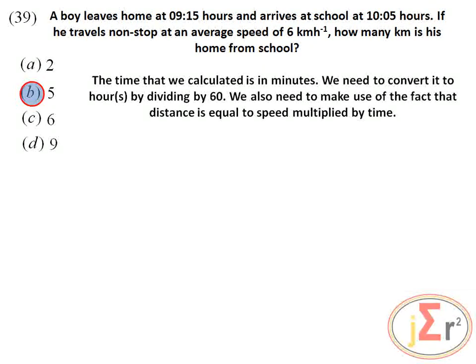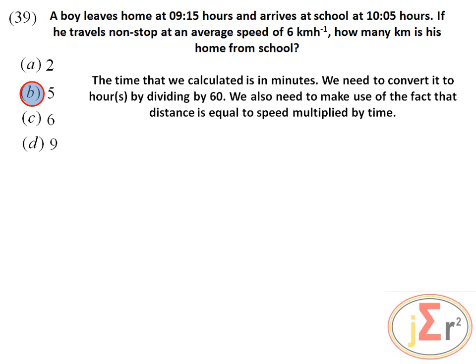The time that we calculated in minutes, we need to convert it to hours by dividing by 60. We also need to make use of the fact that distance is equal to speed multiplied by time. We need to convert that to hour by dividing by the number of minutes in an hour, which is 60.